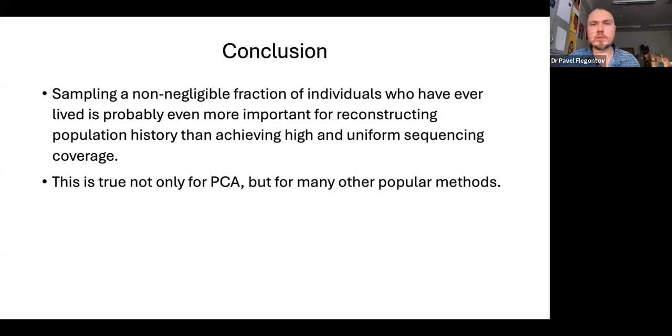So unlike PCA or variational autoencoders or any other method, this method is aware of pedigrees in this noisy way. That's why I think it may be a very important method in the future, but so far it's not applicable to all parts of the world and not applicable to all species, and it requires high quality data.